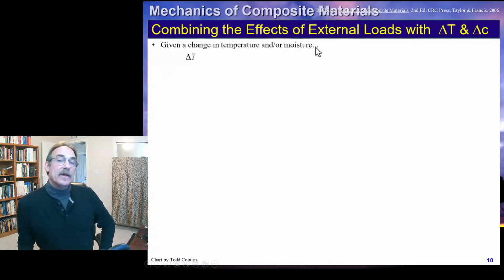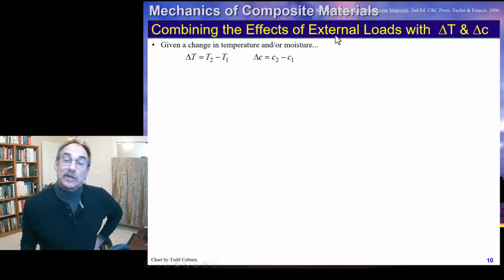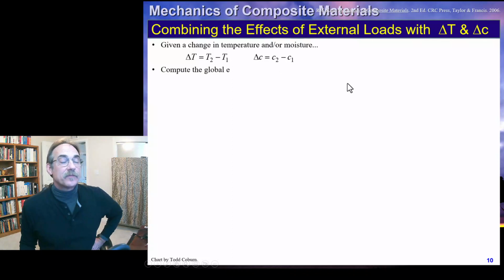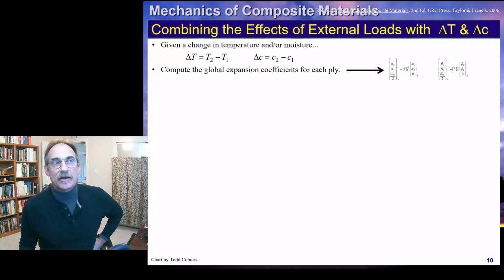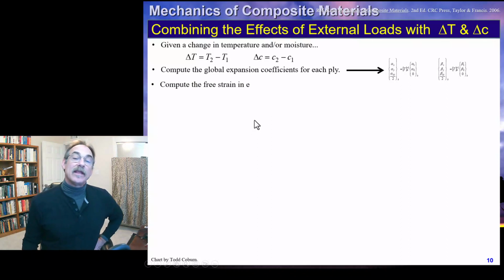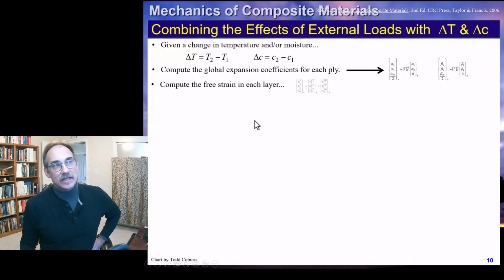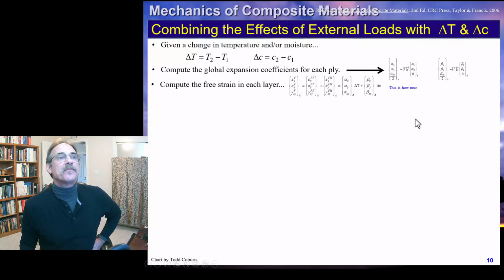All right, I'm going to lay out the whole process, so a lot of this is going to be a repeat of what we just did. Remember, we have a temperature change and potentially a moisture change. We calculate it like this. We're going to need to go get our global coefficients of moisture and thermal expansion. We calculate this in the same manner as before. We calculate our free strains for each lamina like this, as we did before.